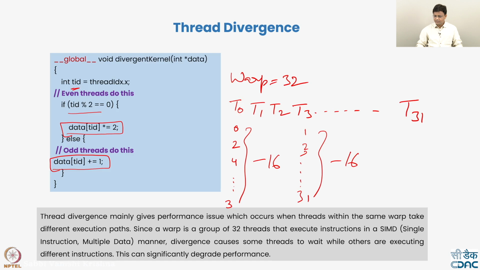So, within a warp 50% of the threads are following one execution path, and the remaining 16 threads are following a different execution path.